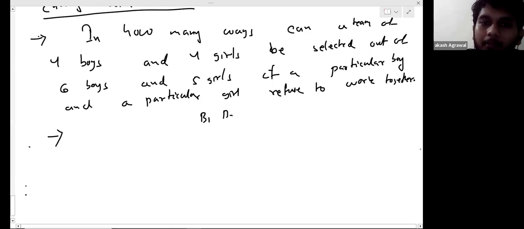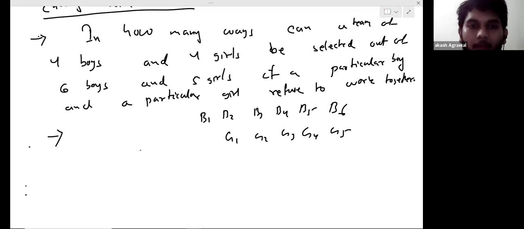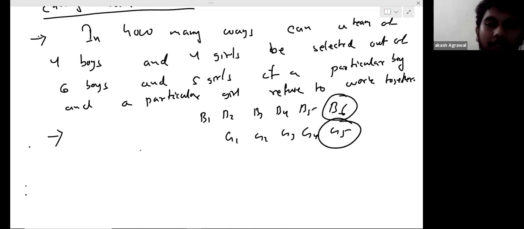So let's name them B1, B2, B3, B4, B5, B6, and 5 girls, G1, G2, G3, G4, G5. Now they are saying one particular boy and one particular girl refuse to work together. उनकी नहीं बनती भाई साहब, ठीक है? So let's consider B6 is the boy and G5 is the girl. इन दोनों की नहीं बनती, so they cannot work together, right?